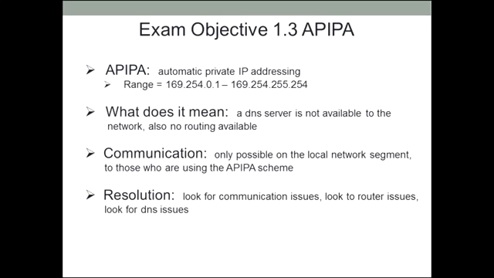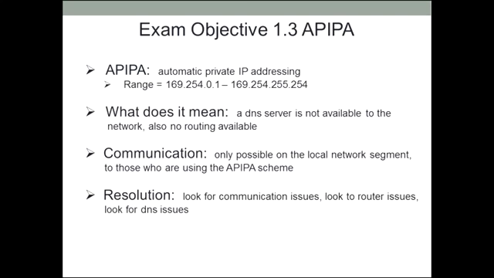Well, here's another mistake in my slides. I put down that a DNS server is not available. No, that's incorrect. What's not available is a DHCP server, Dynamic Host Configuration Protocol server, and that's the server that hands out IP addresses.